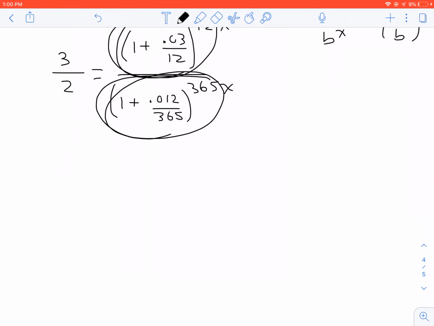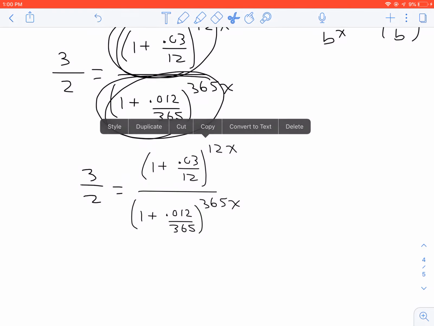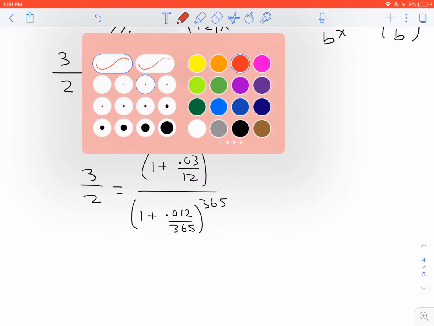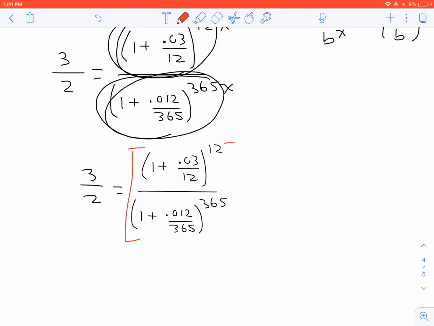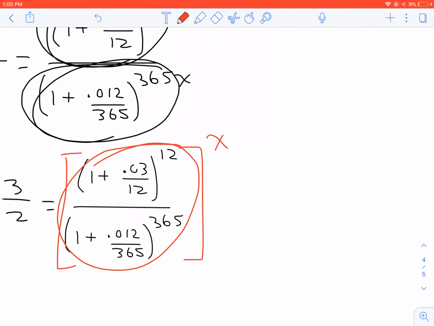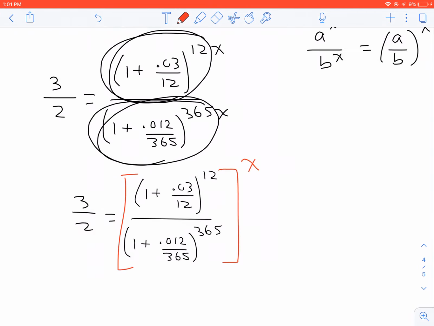So I could rewrite the right side of this equation as all of this raised to the x power, right? Remember when you raise a fraction to some exponent, we're just raising the numerator and the denominator to that exponent. So that can be converted to that.